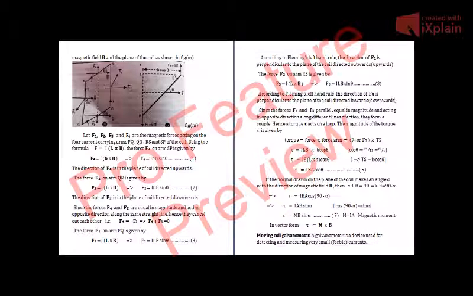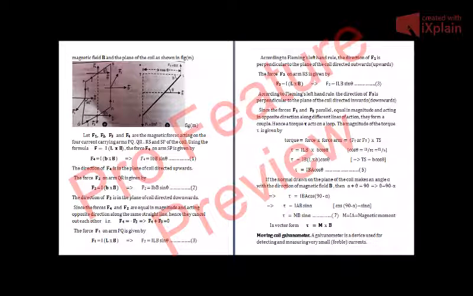The force F3 on arm RS is given by, again F3 is equal to ILB sine theta. Again the angle theta is 90 degree, so F3 will be ultimately equal to ILB.